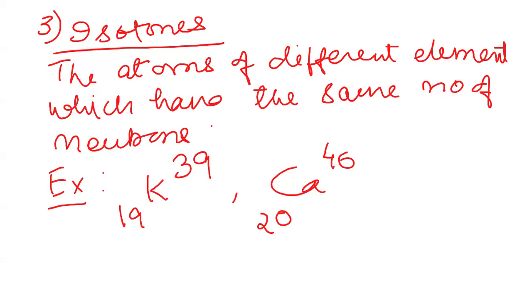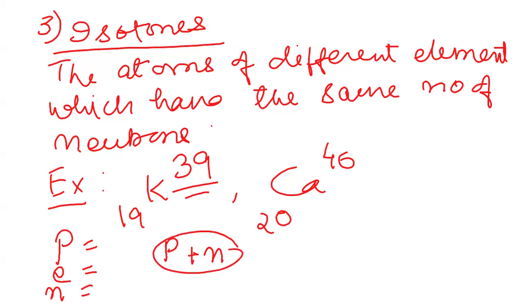Neutrons will be 38, because protons plus electrons is equal to the neutrons, right? No, you forgot. How will you calculate protons, electrons, and neutrons? See, atomic mass is what? Proton plus neutron. And the number of protons is equal to the number of electrons. Now find out.